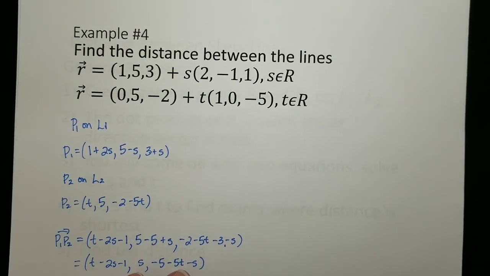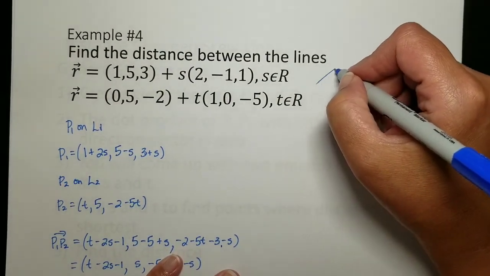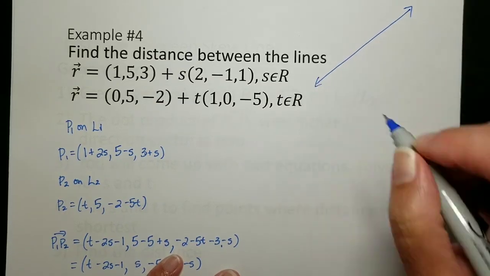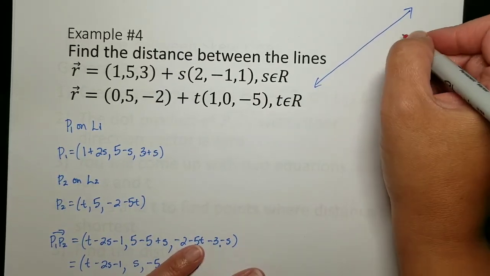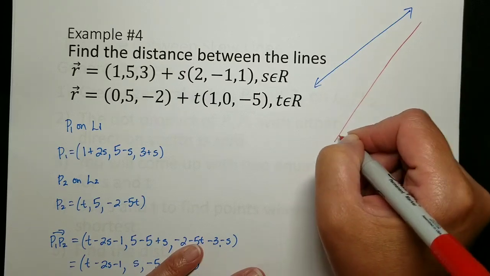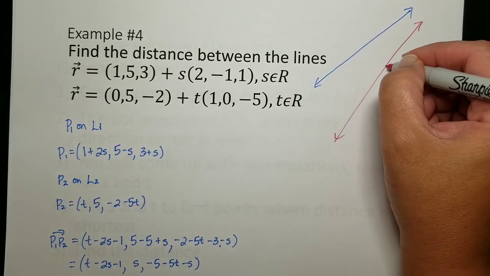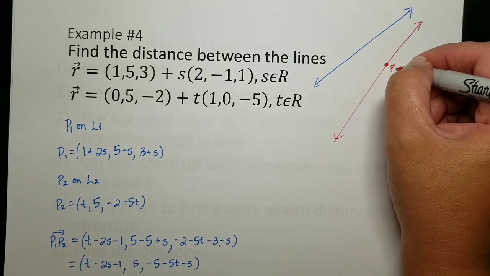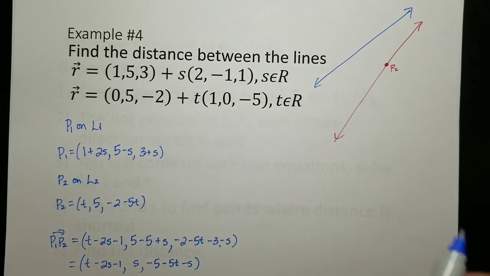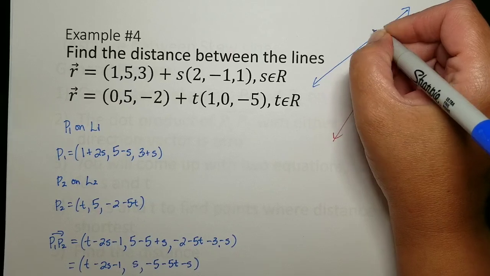So you've got this line here and this other line here, and they don't cross, and I'm drawing this way too big. And there's some point here, P2 and P1.